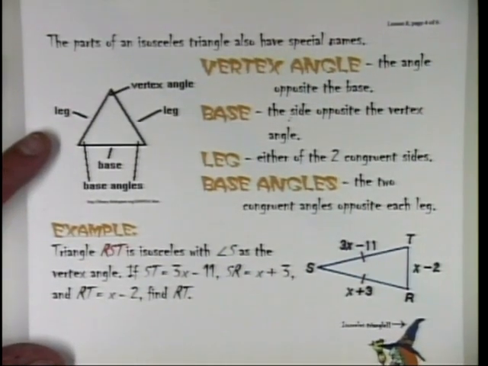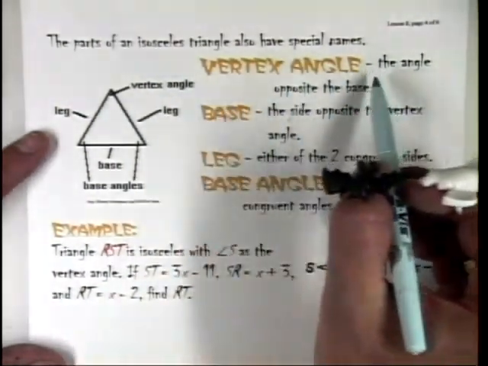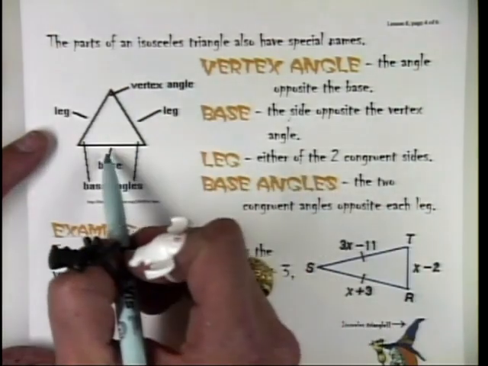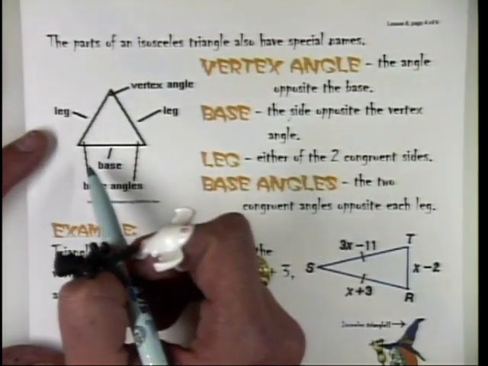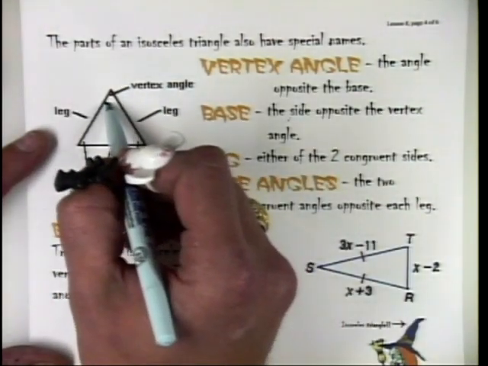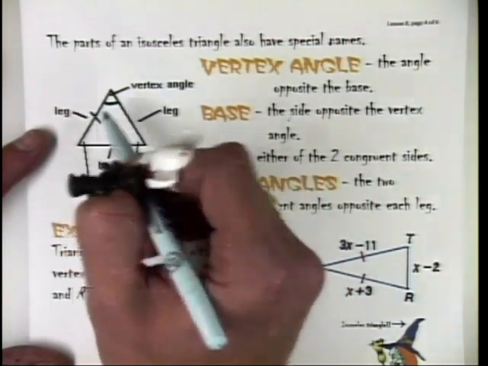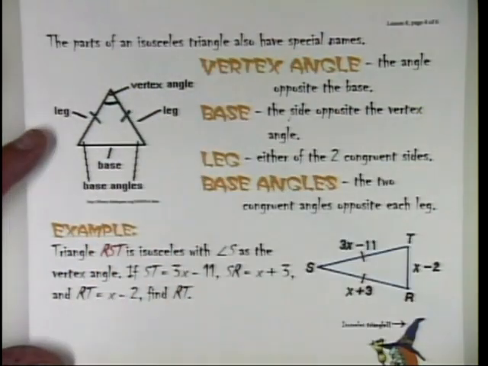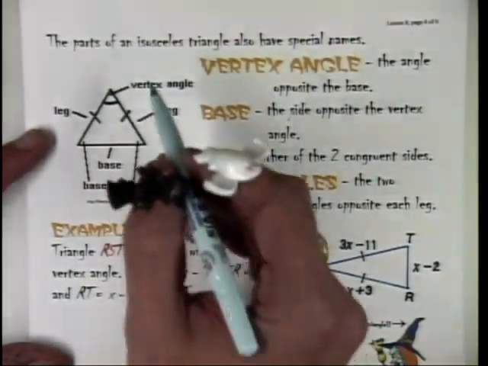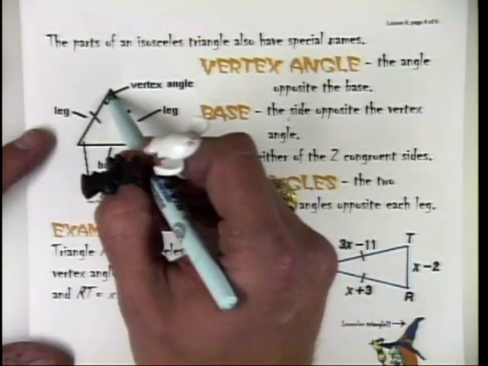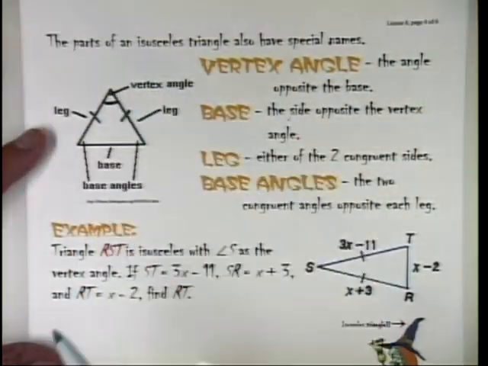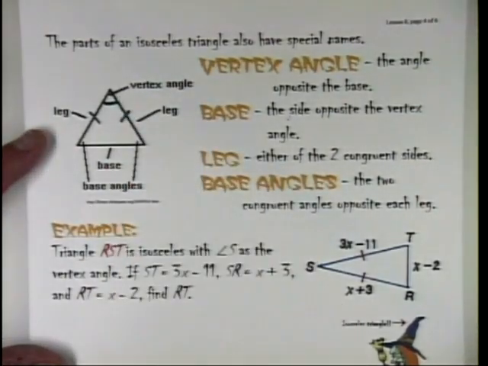Now, a vertex angle is, of course, an angle, but it's the angle that is opposite the base in an isosceles triangle. That's going to be this one up here. Now, in an isosceles triangle, remember that two sides are congruent. So the vertex angle is the angle that's formed by the intersection, or basically where the two congruent sides meet. That's the vertex angle, okay?